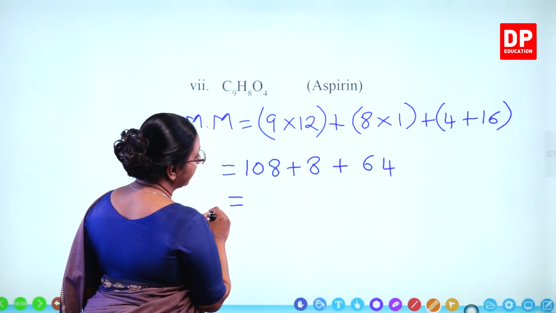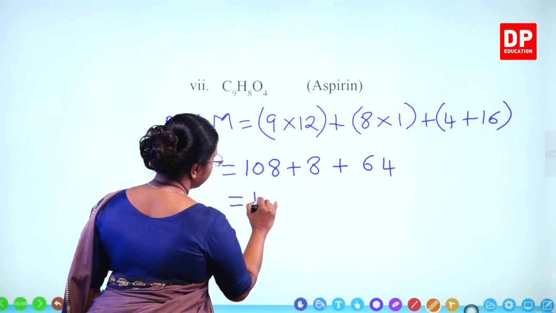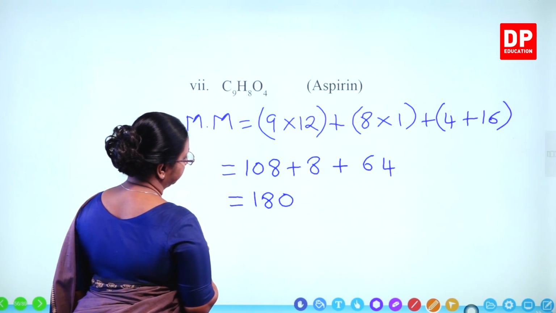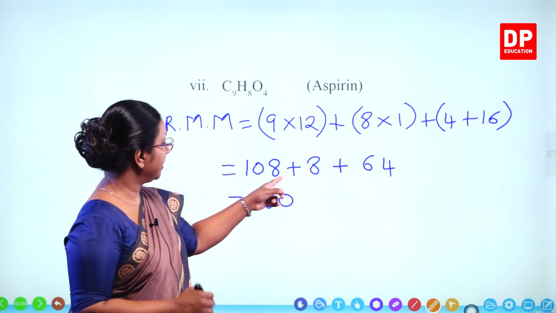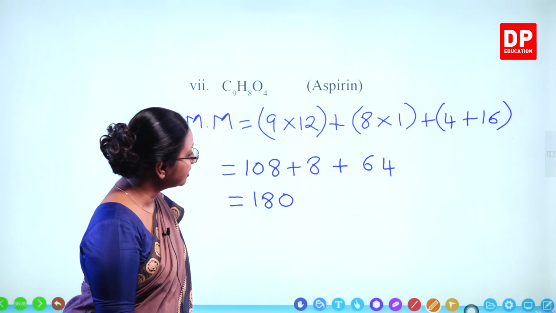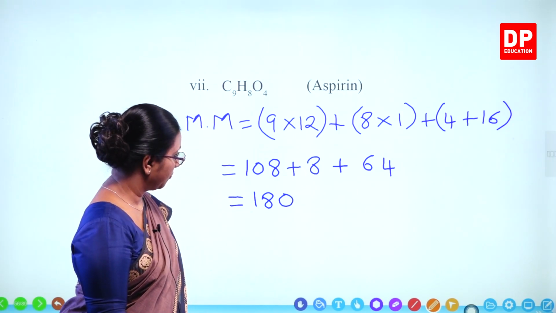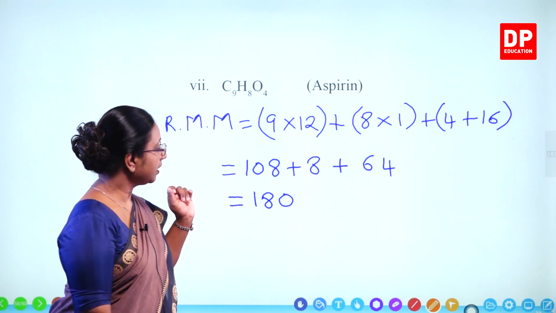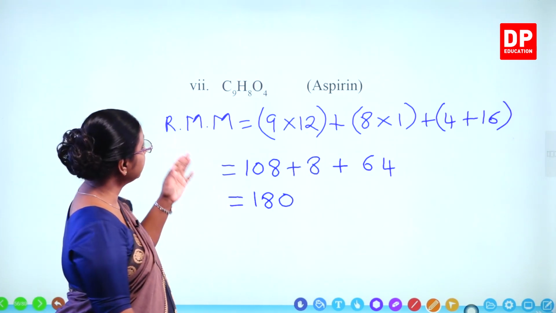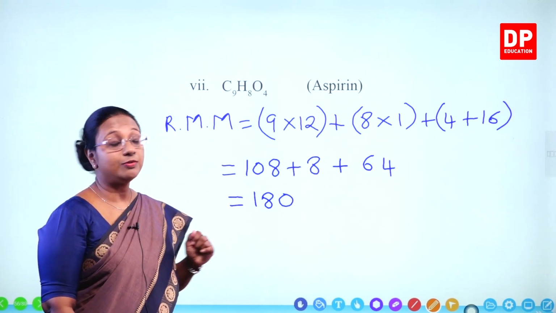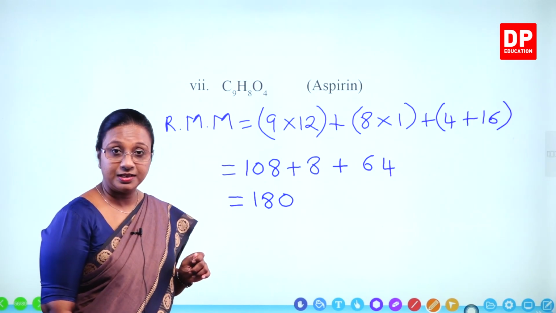So if you add them together, 108 plus 8 plus 64, that is 180, the relative molecular mass of aspirin.